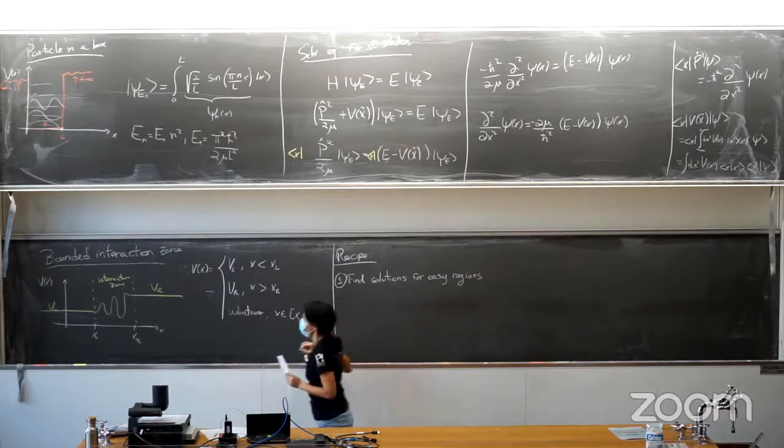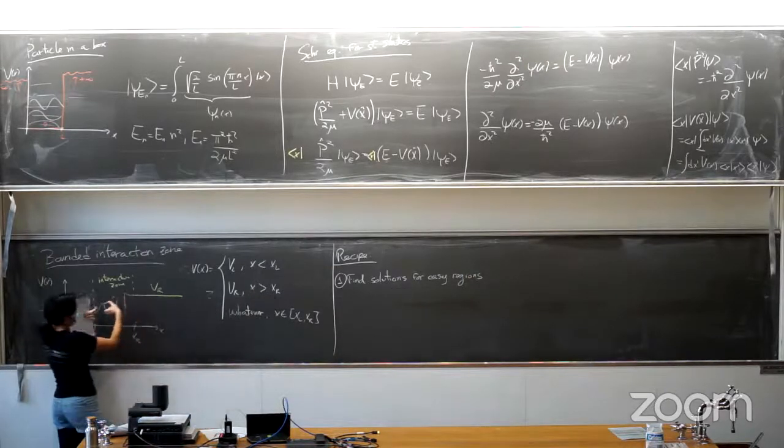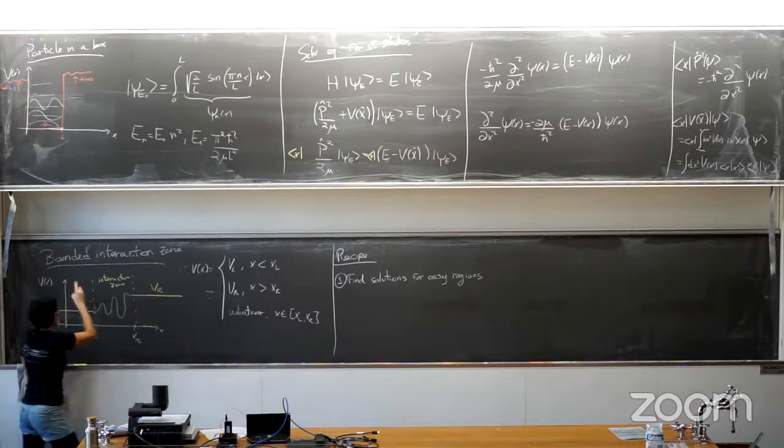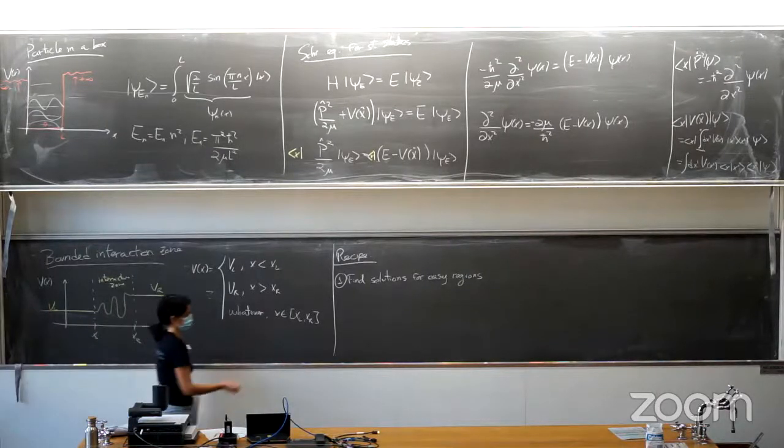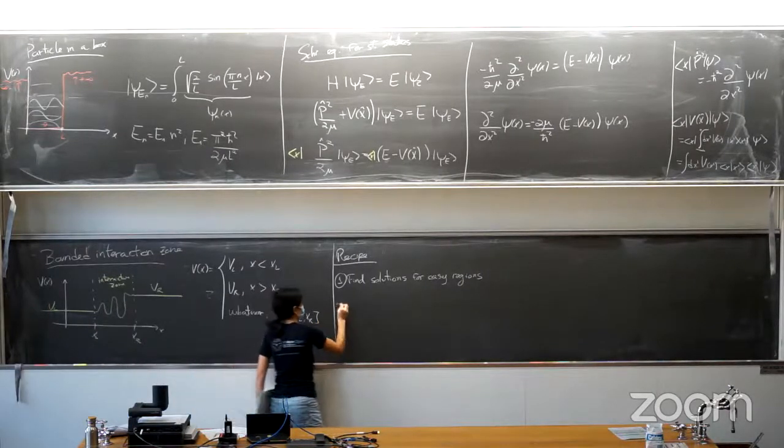Then we're going to glue together the solution. So say we have some solution of the differential equation here, another one from there. We're going to impose some conditions, I'll explain this in a bit.